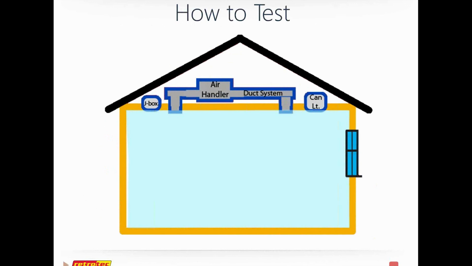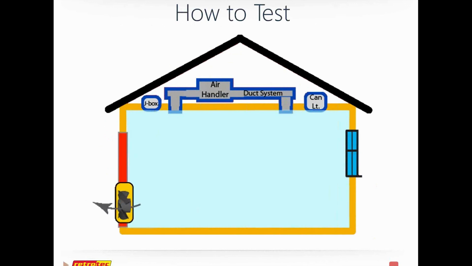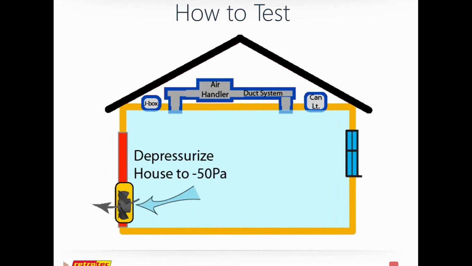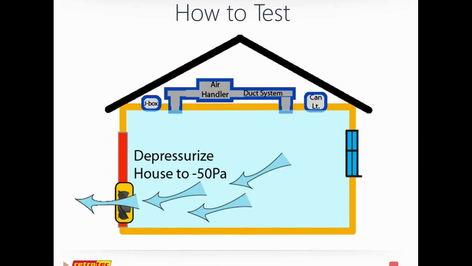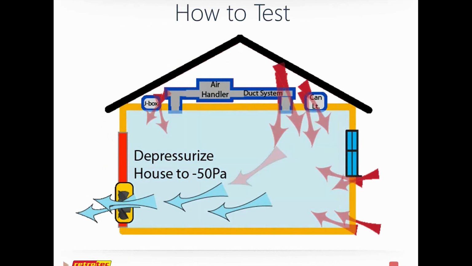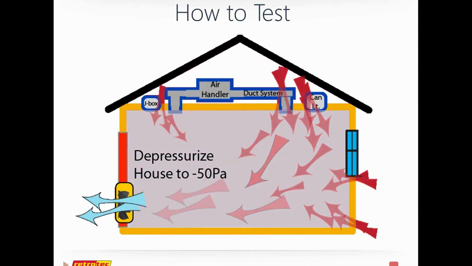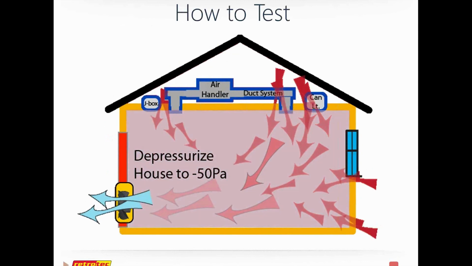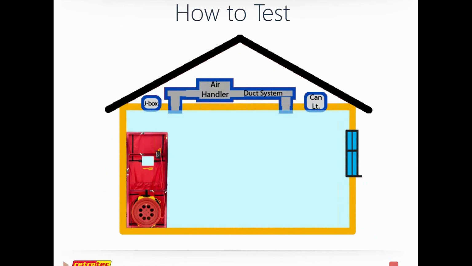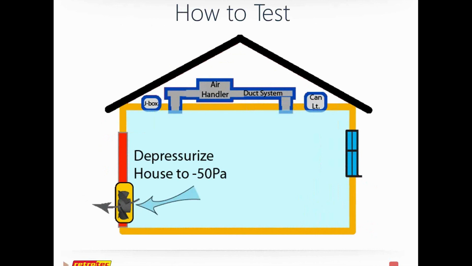The point is that we are controlling the pressure in the house via the fan, and we are using a gauge connected to that fan so that we know the pressure in that house is either -50 or +50 or any other number. But we're going to talk about -50 right now. So let's just keep it simple. Somebody once told me, "KISS: keep it simple, stupid."